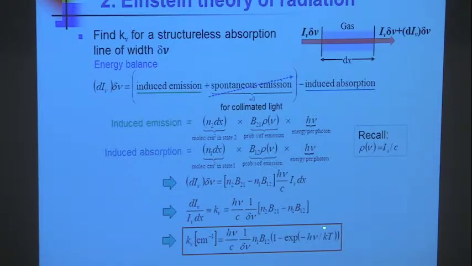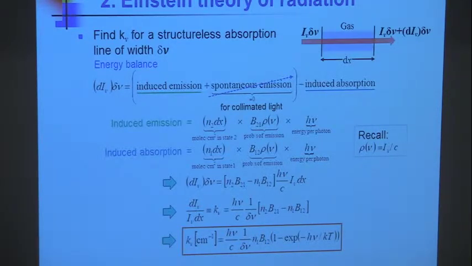This is called the induced emission term, usually essentially 1. So what do I see? The absorption per unit length depends on the number of molecules in the absorbing state, number per unit volume, times the propensity for absorption, B12, divided by the width.